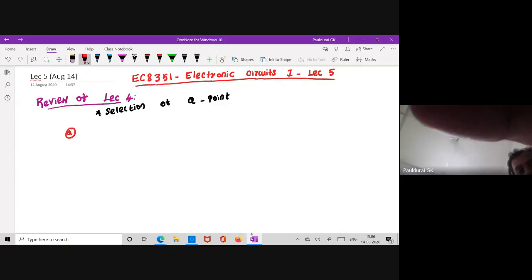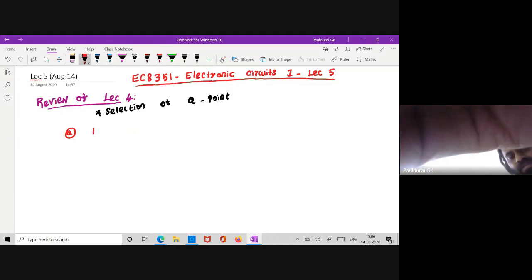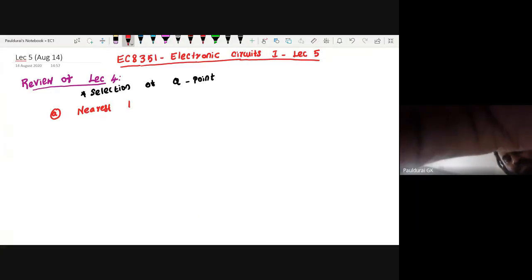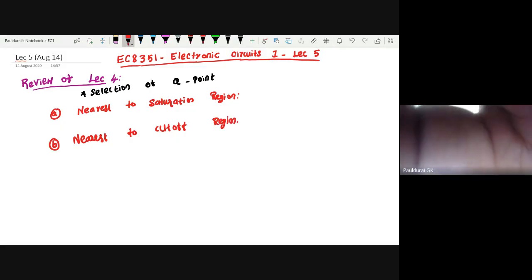If it is nearest to saturation, what will happen? And what will happen if it is nearest to the cutoff region?